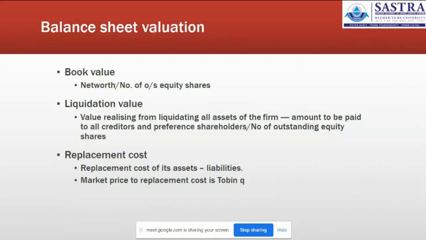The liquidation value is the conversion of all your assets into cash, after meeting the expenses and after the payment to the creditors and other external people, like the preference shareholders. After meeting these, what portion is available for equity shareholders.